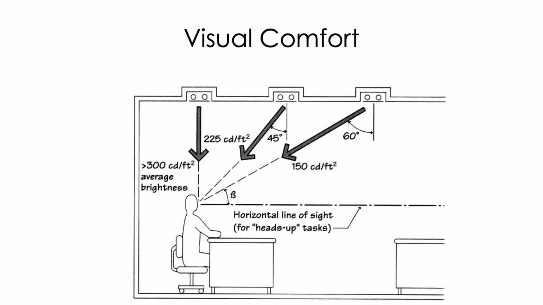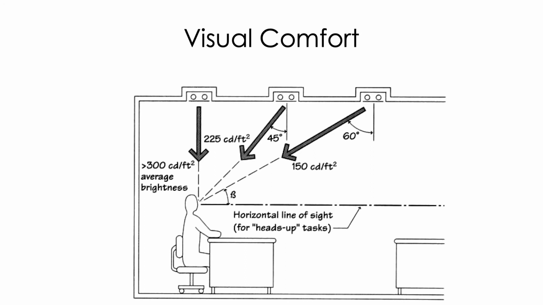So what about in a space? Let's just take a look at a kind of realistic situation. If you're trying to design an office, how do you know where the tables are going to be? Most offices are pretty adjustable. So what you're going to want to do is have some control of the brightness at the fixture by diffusing it or baffling it in some way.